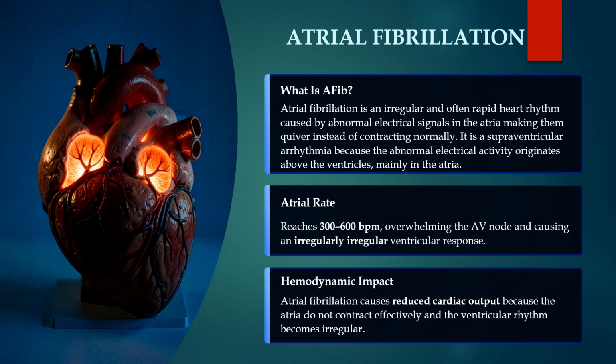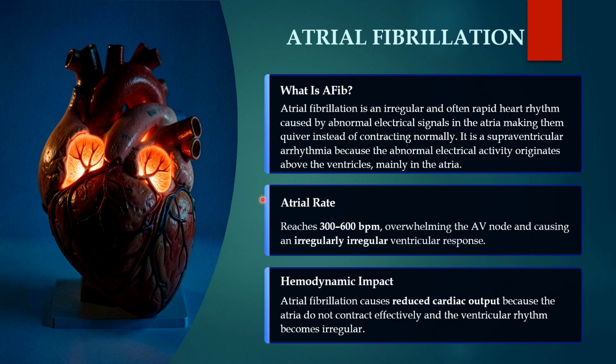Now you have a clear idea about the normal conduction system of the heart and what happens in atrial fibrillation. It is an irregular and often rapid heart rhythm caused by abnormal electrical signals in the atria, making them quiver instead of contracting normally. It is a supraventricular arrhythmia because the abnormal electrical activity originates above the ventricles, mainly in the atria.